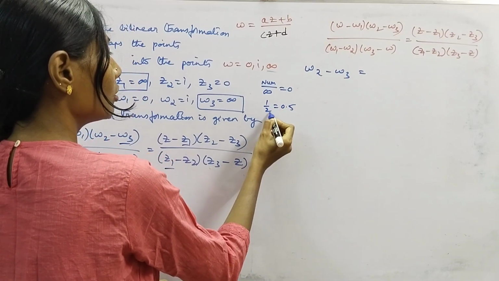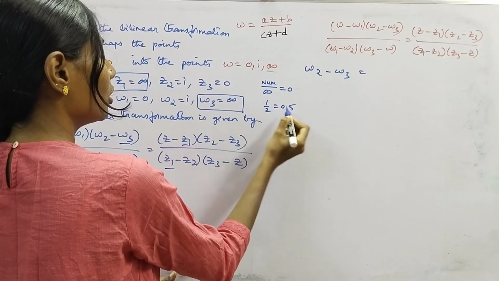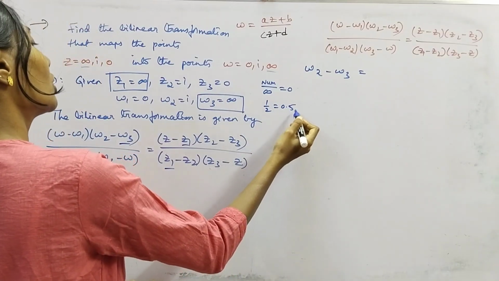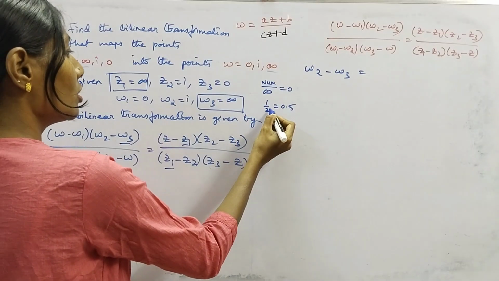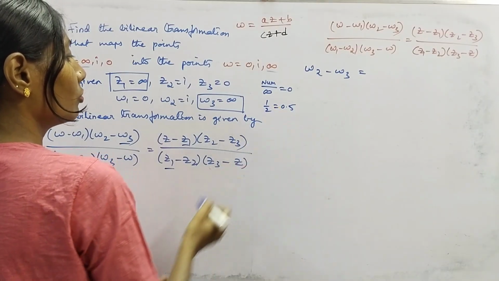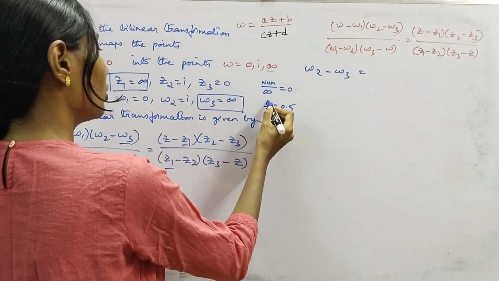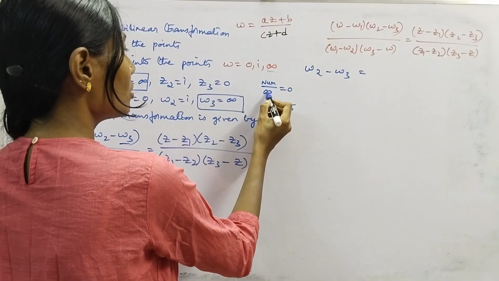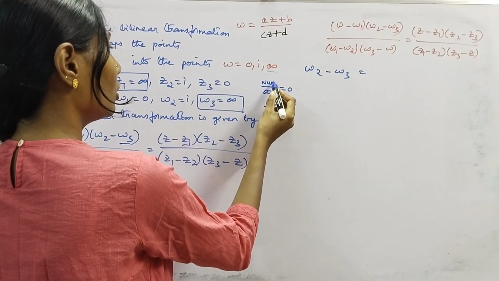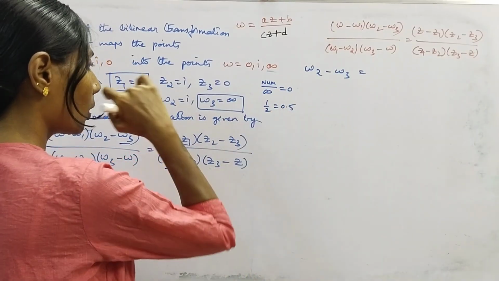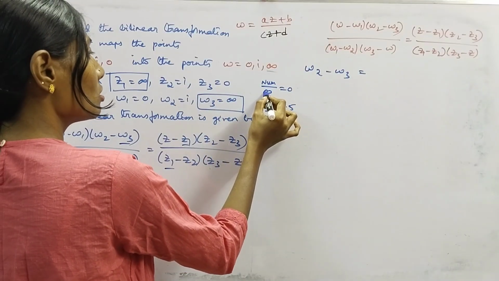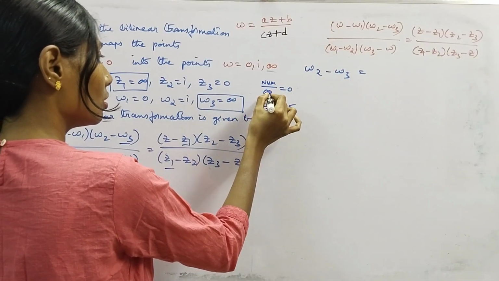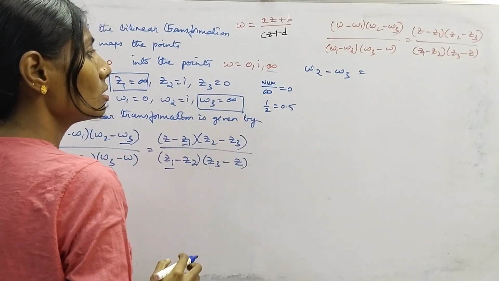If you have a big number in the denominator and a small number in the numerator, you'll get a smaller number. Likewise, infinity is a big number and the numerator will definitely be a small number because we have not mentioned anything. But if the denominator is infinity, then you will get 0.